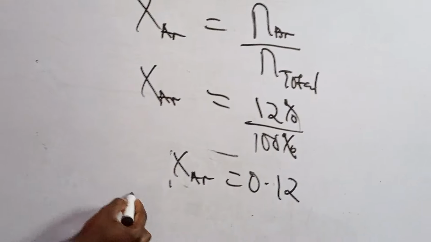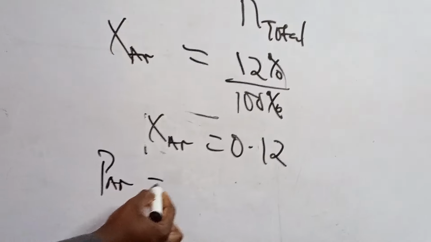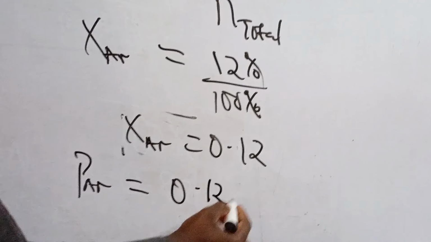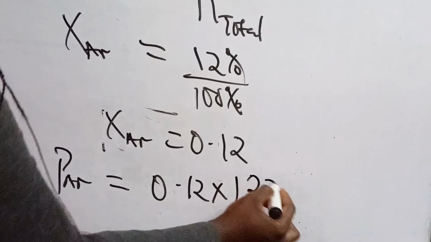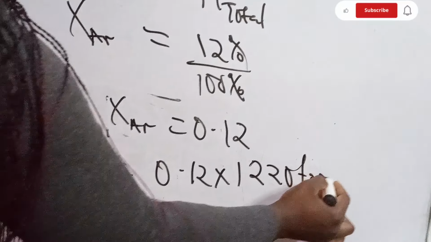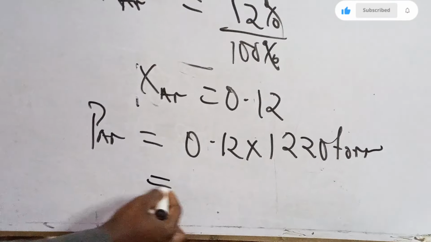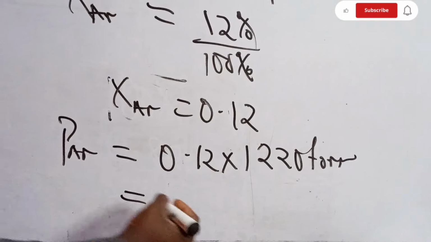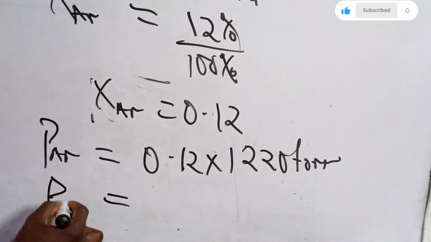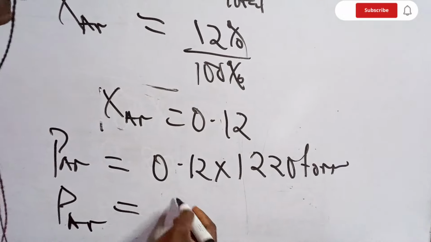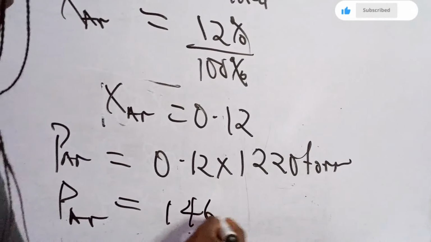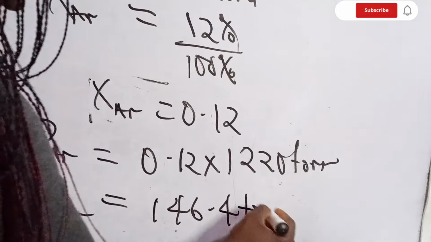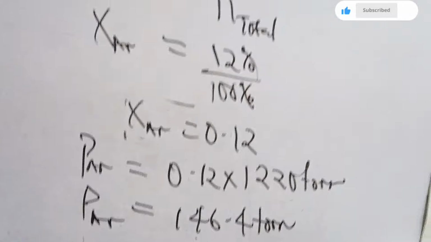So the partial pressure of argon will be equal to 0.12 times 1220 torr, which is 146.4 torr. So that is that for argon.